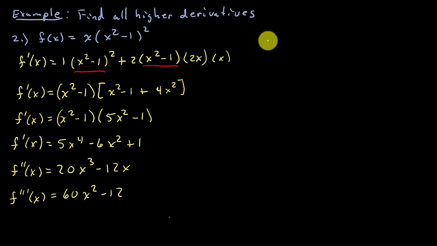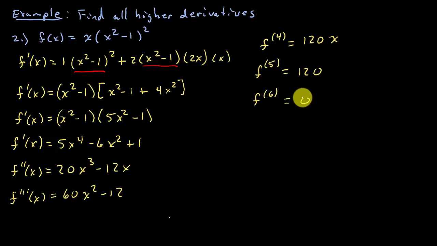And then I've got the fourth derivative. Remember we used the little parentheses with the number in it. That's going to be 120x. And then the fifth derivative would be 120, and then the sixth derivative would be 0.